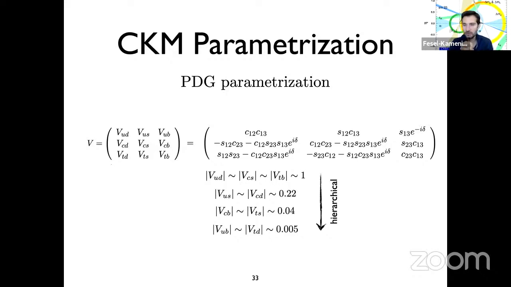Of course, this is not a unique parameterization, because the way we introduce the phase is to some degree arbitrary. We can then go from this general PDG parameterization, which does not necessarily reflect any hierarchies in the CKM and could as well parameterize any kind of unitary matrix with a single phase.